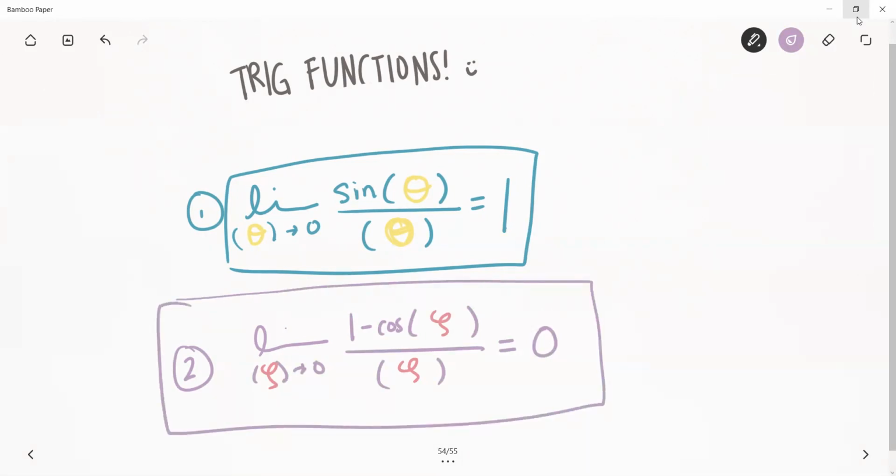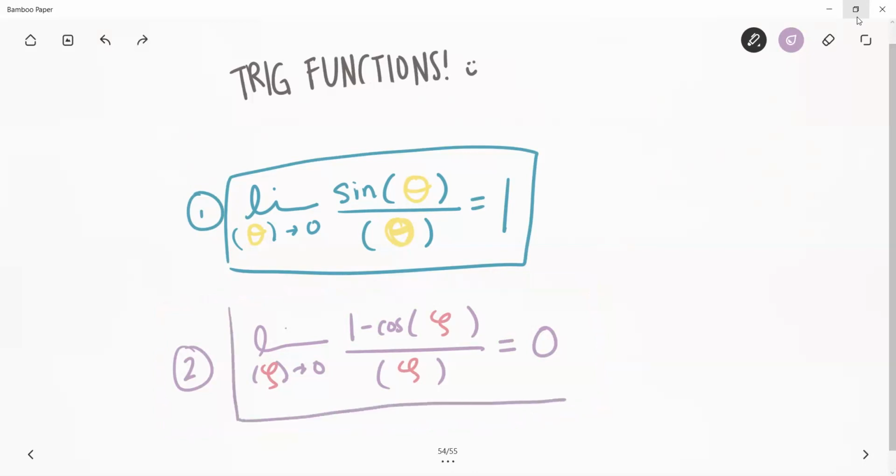Now in the packet, it notes that you can prove these limits using some geometry and squeeze theorem. You can also just confirm by graphing, right? Like if you go on GeoGebra or Desmos, and just graph y equals sine of x over x.